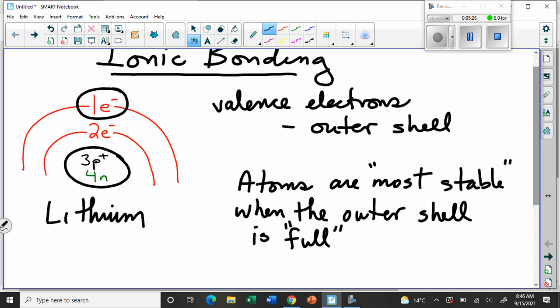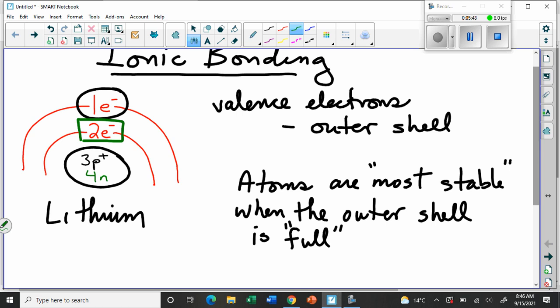Or it could hand off that 1 electron, which would mean that orbit disappears for lithium, and he's left with the underneath orbit, which is full. The 2 electrons in the first energy level, right here, that would be a full orbit.